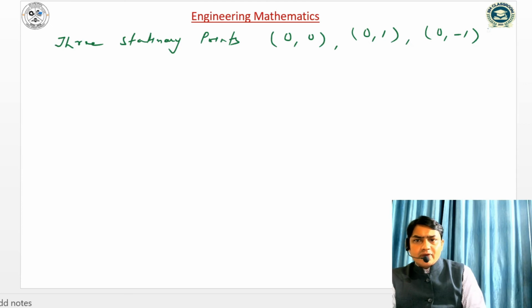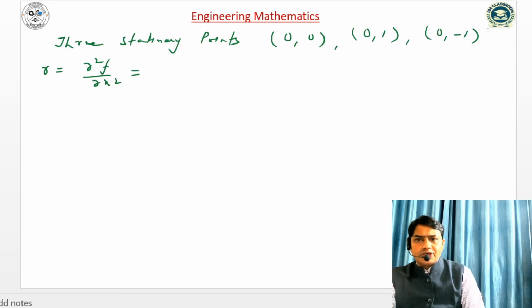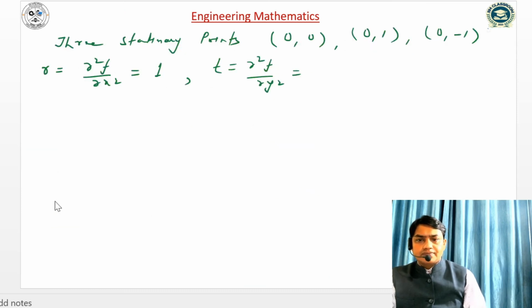For that we have to find the value of r. So r is equal to del 2f by del x square. If I compute it, it will be unity. Similarly, t is equal to del 2f by del y square, which is 3y square minus 1.